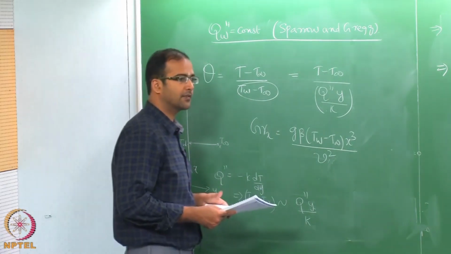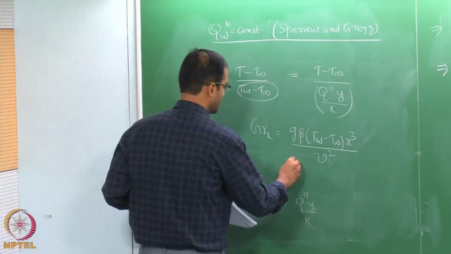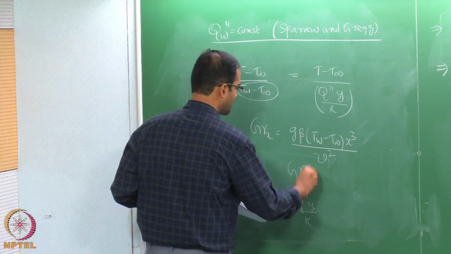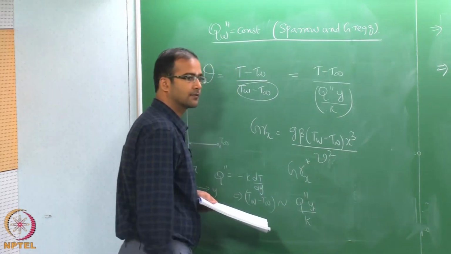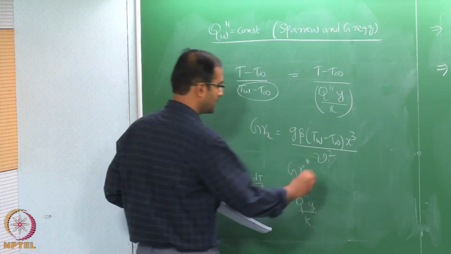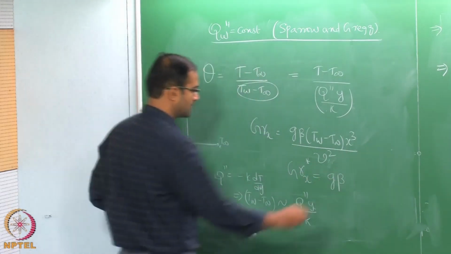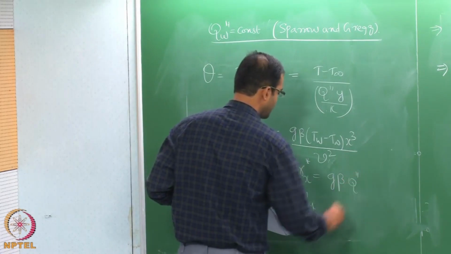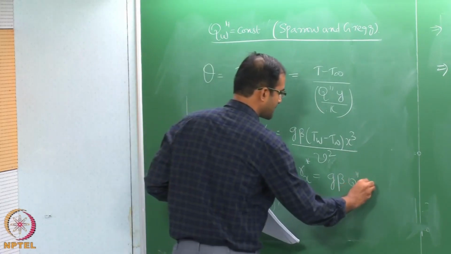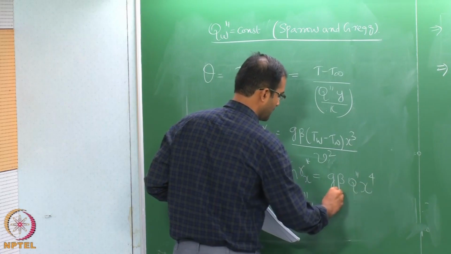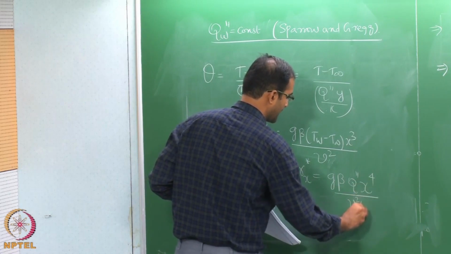So, that we can define a Grashof number, we will use Grashof number star now to differentiate this from the conventional Grashof number. Now, this will be based on your heat flux. So, therefore, this will become Q double prime x power 4 by nu square k.